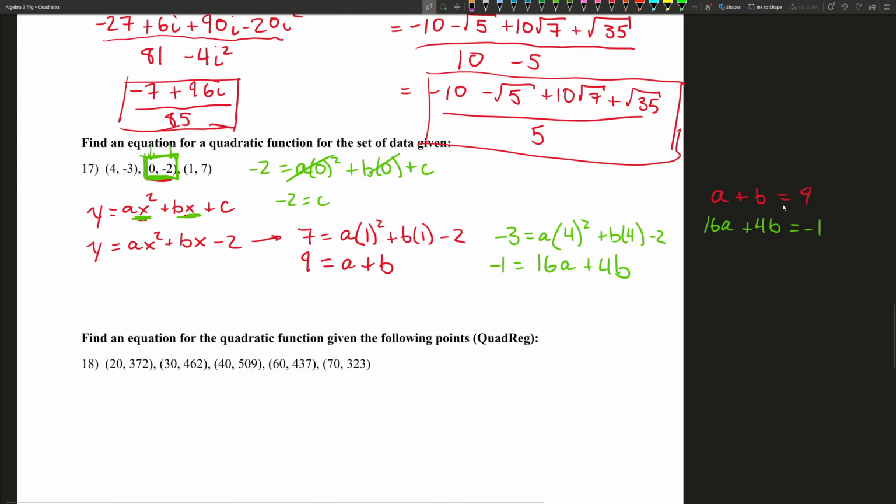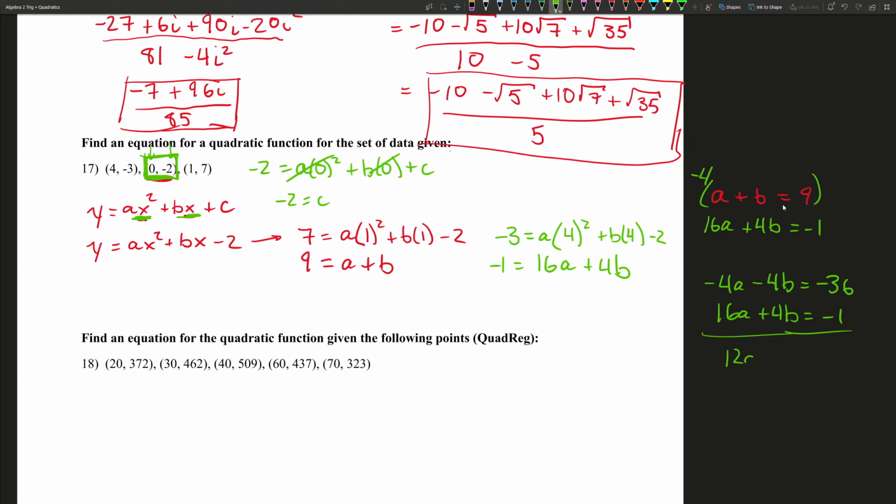I'm going to multiply the top by negative 4. So we get negative 4a minus 4b is equal to negative 36. And then we had our original 16a plus 4b is equal to negative 1. Use elimination, right?